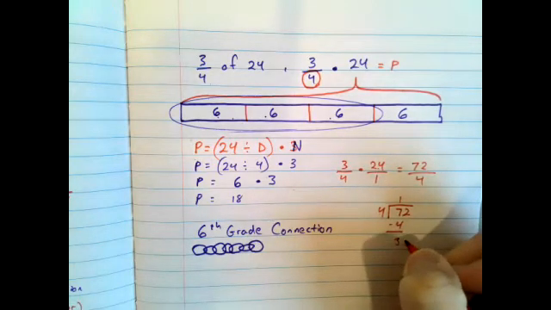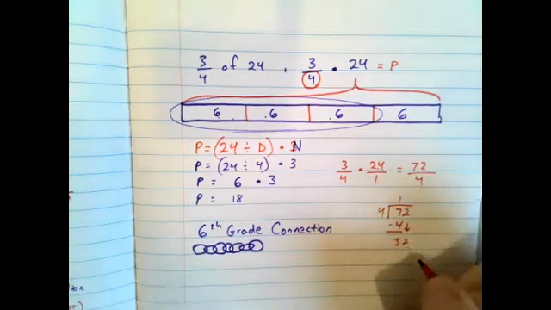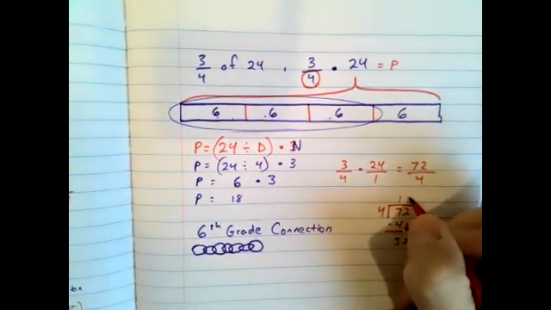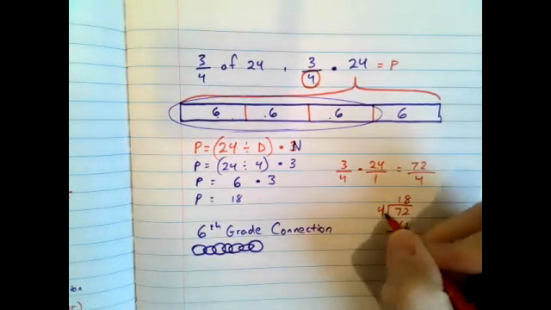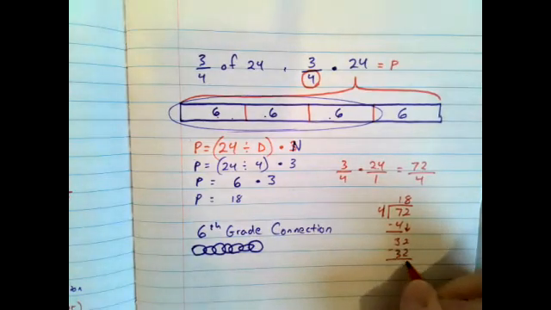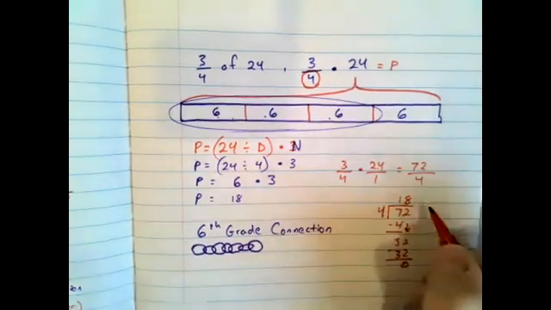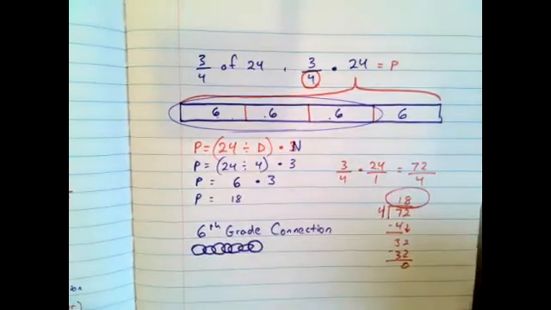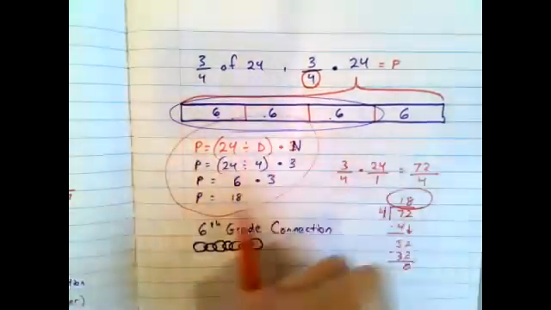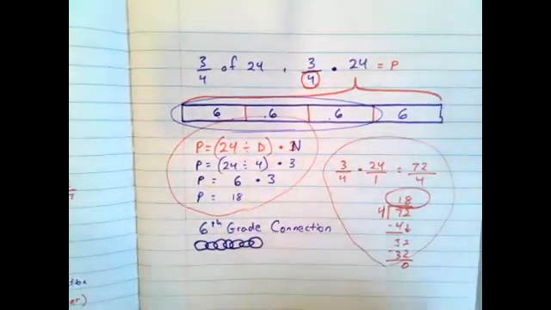Subtract. Bring down the 2. 32. 4 goes into 32, 8 times. 8 times 4 is 32. No remainder, but I still come up with 18. So I have 2 ways to get the same answer.